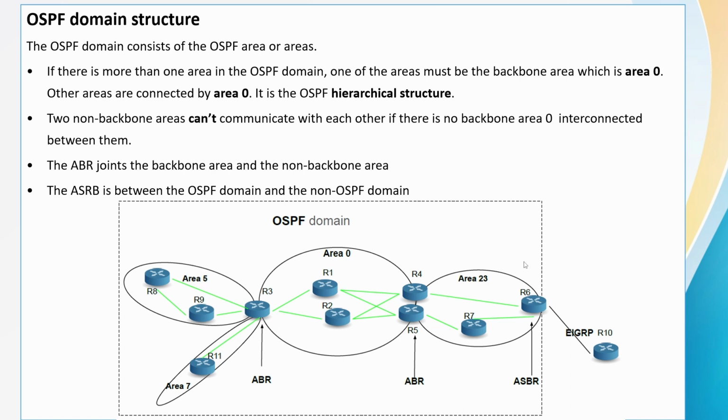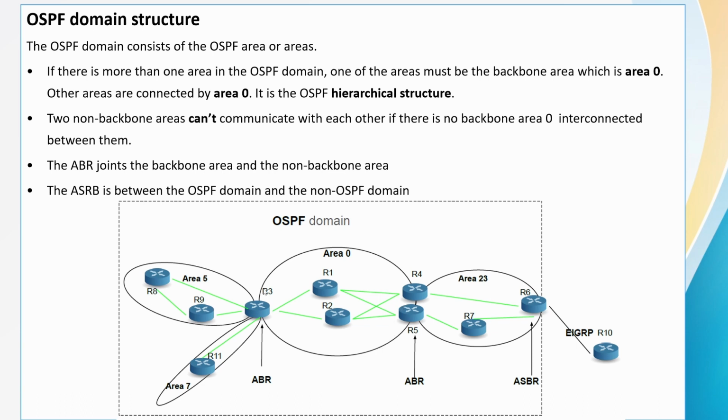Two non-backbone areas can't communicate with each other if there's no backbone area interconnecting them. The ABR joins the backbone area and non-backbone areas. The ASBR sits between the OSPF domain and a non-OSPF domain. The diagram below explains this.